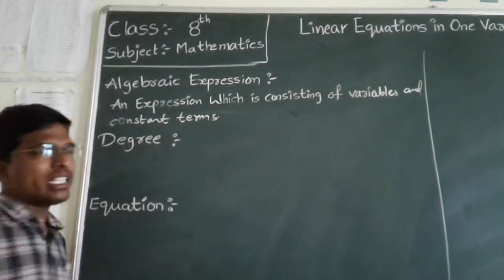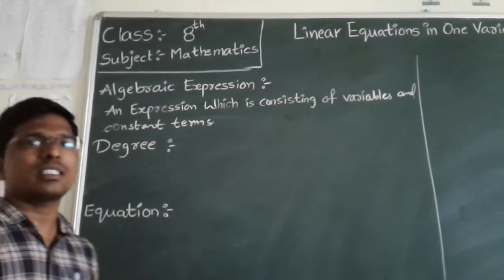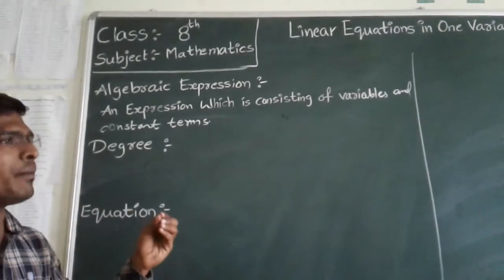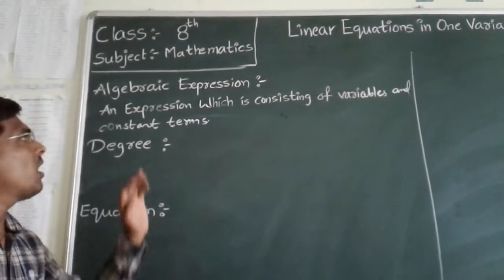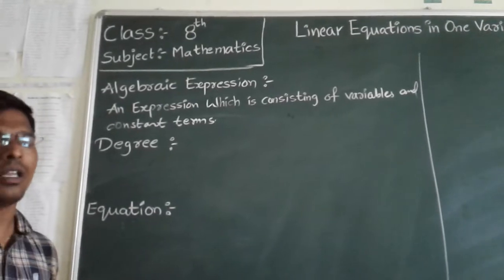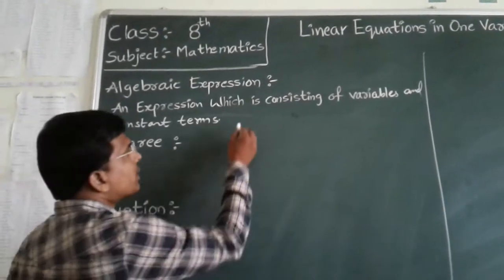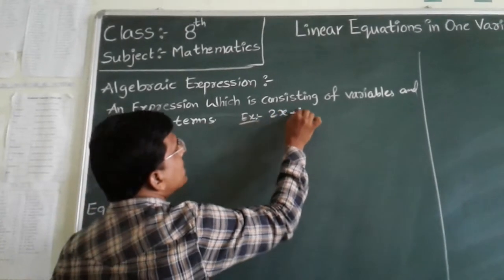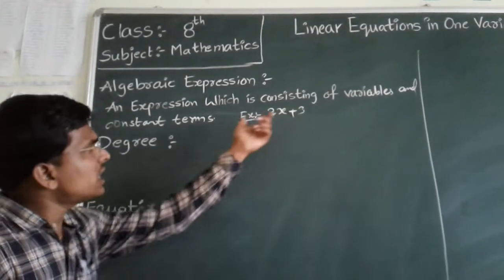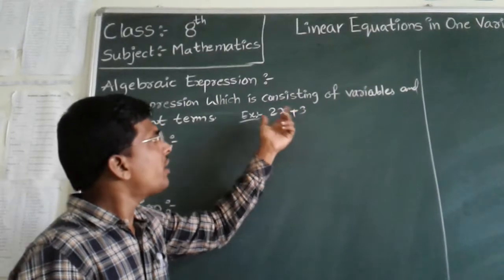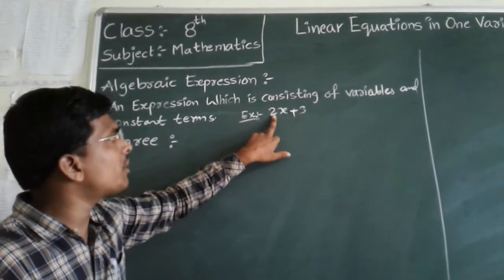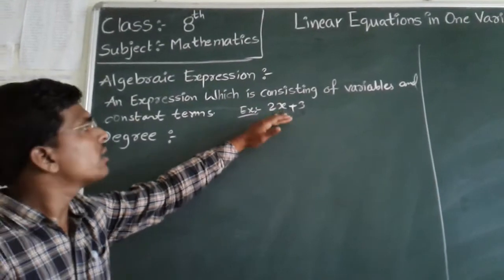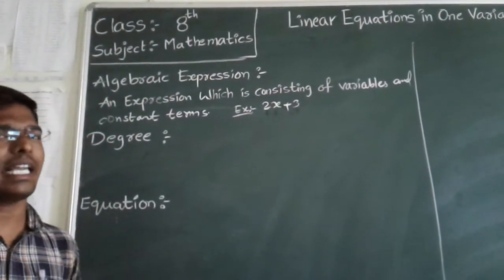Variables mean the alphabets x, y, z, and the constant terms mean numbers 2, 3, 4. For example, 2x plus 3. This is a mathematical expression which consists of the constant terms 2 and 3 and also the variable x. So this is known as an algebraic expression.